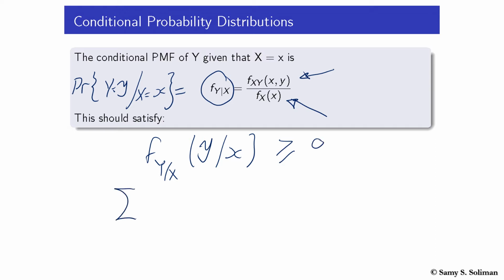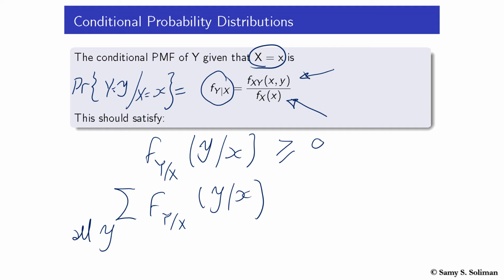The summation of this distribution over all the values of y. Again, of course, recall that this conditional probability mass function is conditioned on a specific value of x. So it is not a function of x, given that we already substitute the given specific value of that random variable x, but it is a function of y, or it varies with the specific values of y.